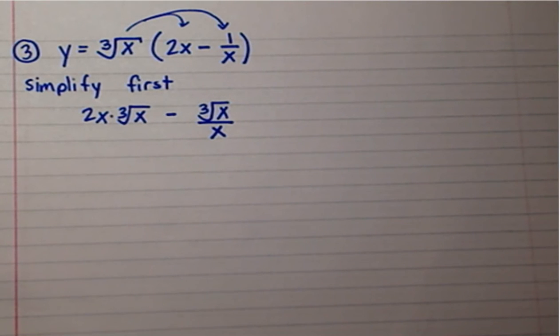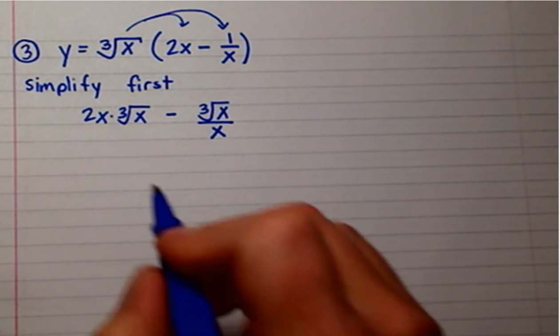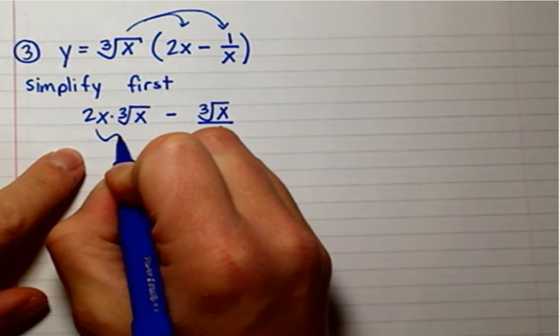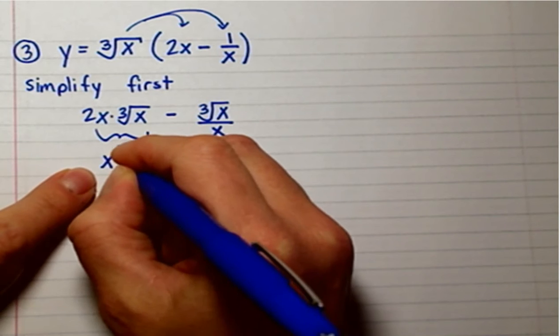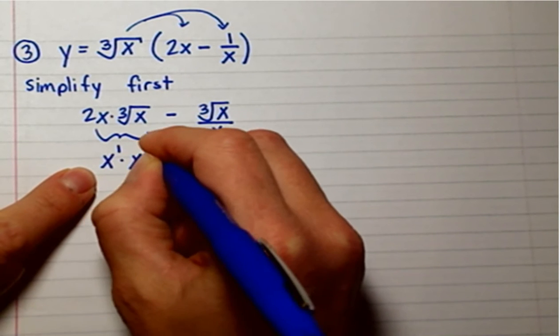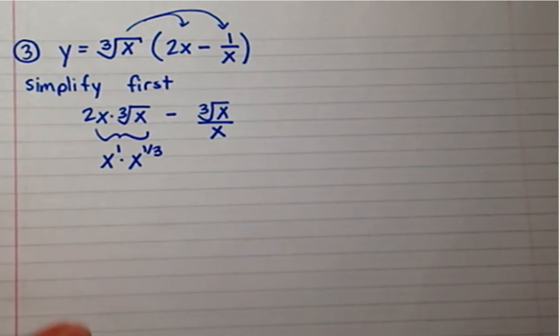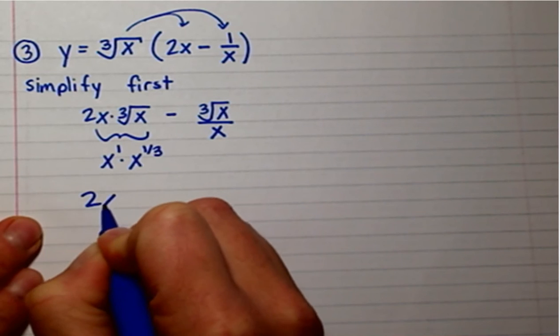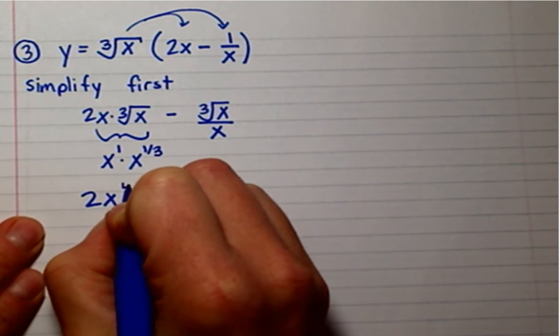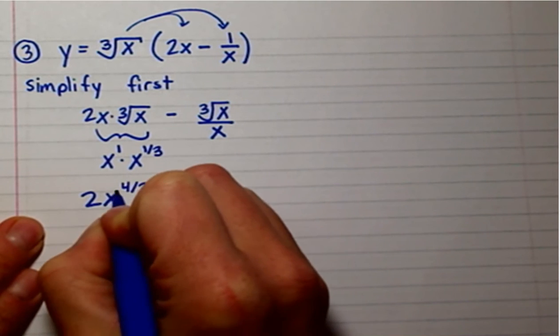I still have like all these x's together. All right, well, combine these two x's. When you multiply x's, you add the exponents. So we end up with 2x to the 4/3.